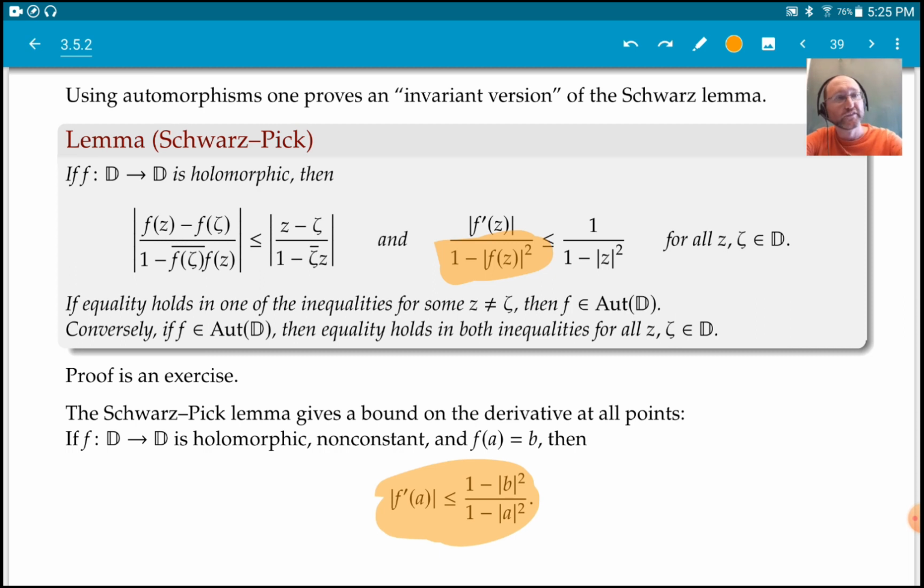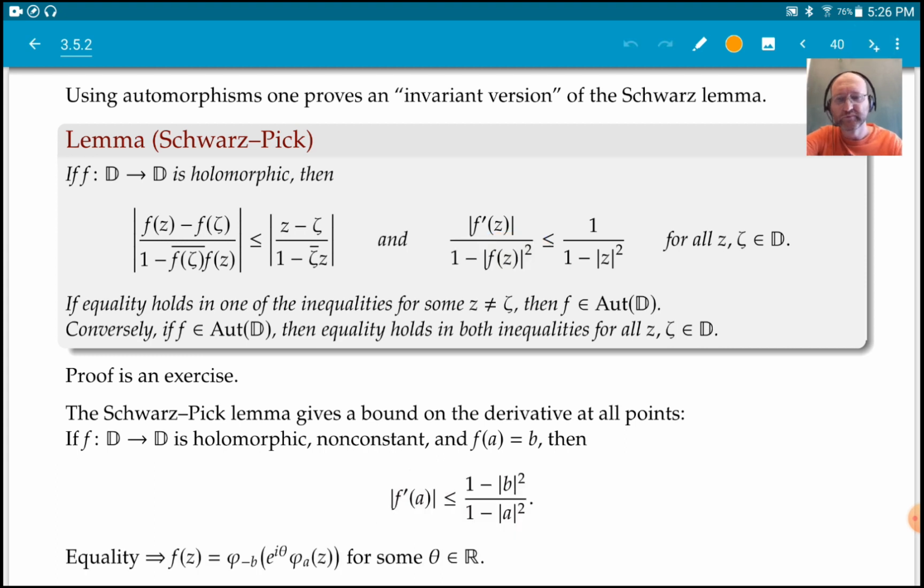So that gives us an estimate that works at every point, but it does depend on the point and on the value of the function at the point. Now, given this a and b, and given this bound, if you have an equality, then here's the actual formula for this automorphism.